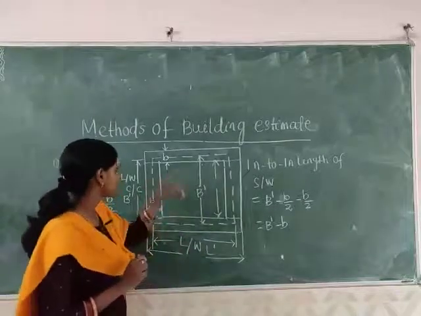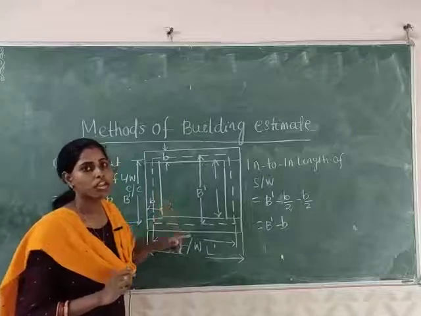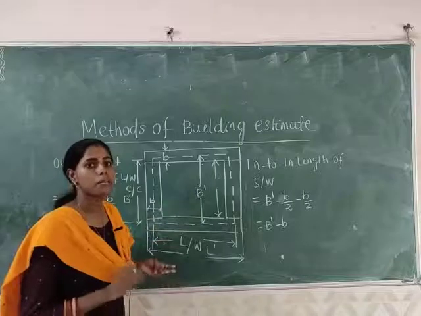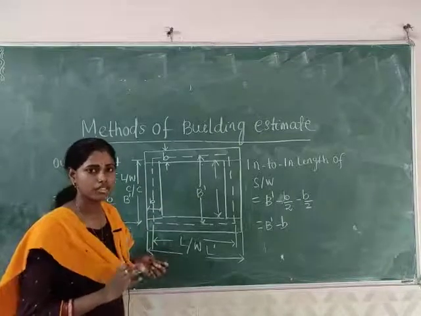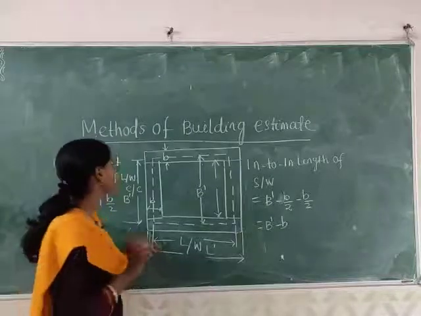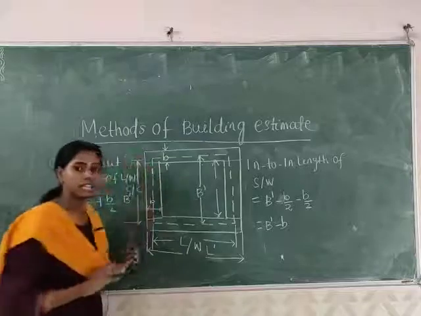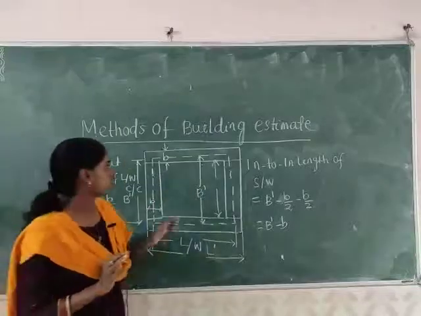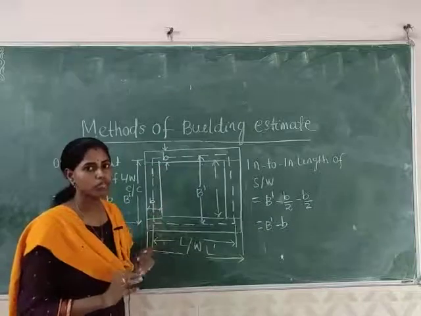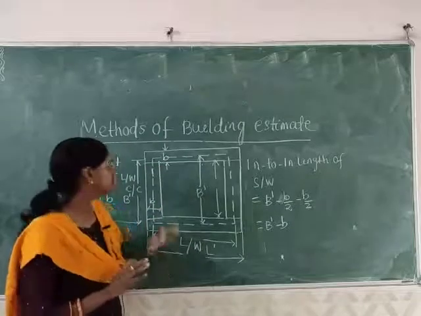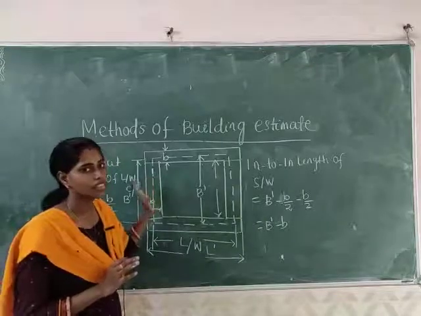This procedure is the same for earthwork in excavation, brickwork in foundation and cement concrete work in foundation. And please note that the center line length will remain the same from the superstructure up to the bottom of the foundation if your footings are symmetrical on either side.